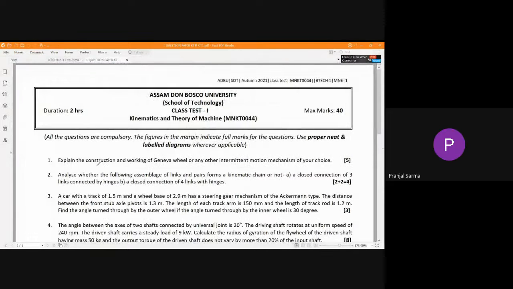Okay, so the first question was you have to explain the construction and working of either Geneva wheel or any other type of intermittent motion mechanism. I believe intermittent motion mechanism, all of you understand. What does it do?